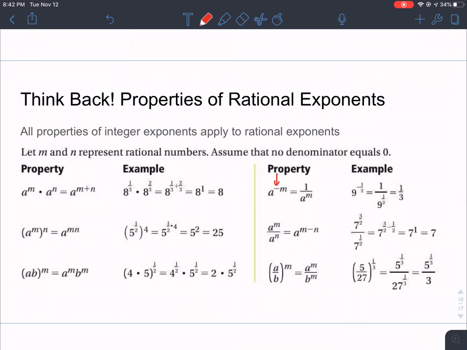If you have a negative exponent, that term goes into the denominator. If you are dividing bases, you subtract the exponents. And if you have something divided by something else to one exponent, then each of those gets the same exponent, just the same as when you're multiplying two factors.